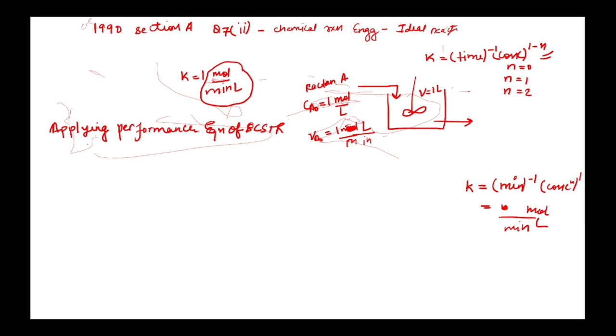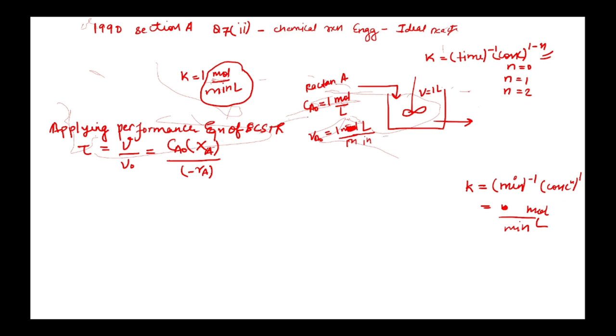Tau, that is the space time, V upon V naught, volume upon volumetric flow rate, is equal to CA naught XA upon minus RA. So we need to find XA.